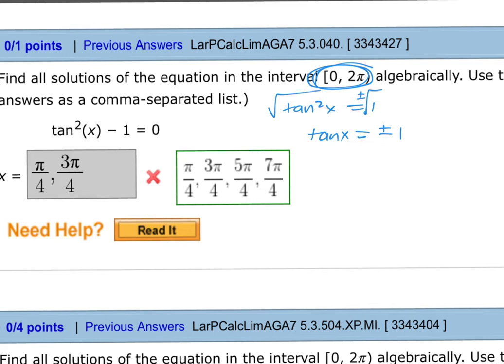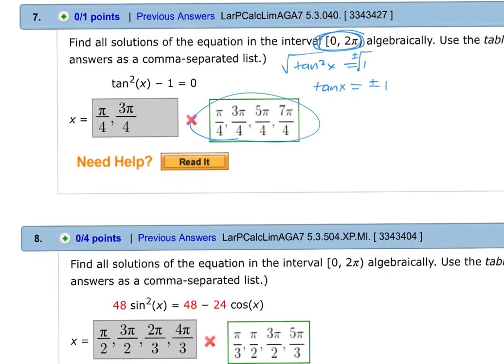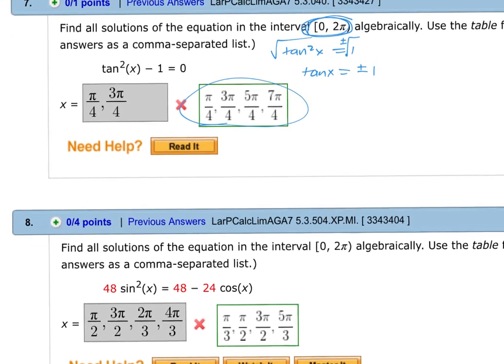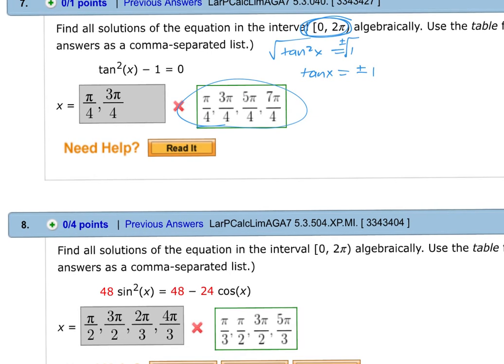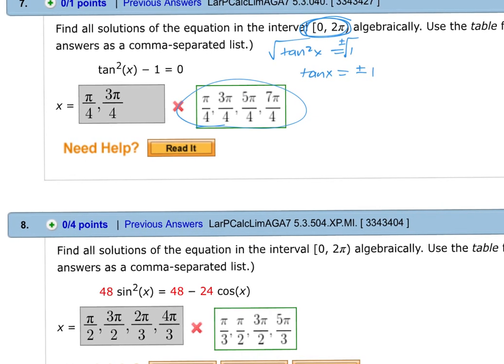So your full circle and plus and minus 1. All right, so it's all the over 4's because tangent is 1 at pi over 4, and it's plus and minus, so it's all the over 4's. That's why it was all of them. Don't forget your plus and minus because guaranteed if that's multiple choice, half of them are going to be there as an option. And if it was multiple choice, there's no partial credit.